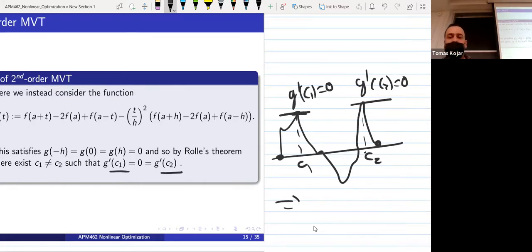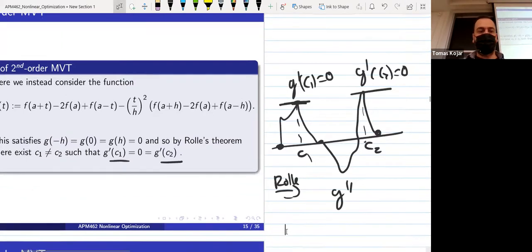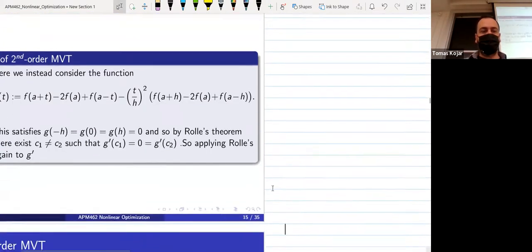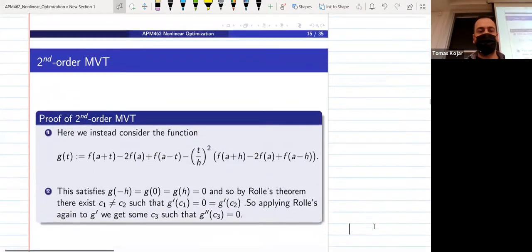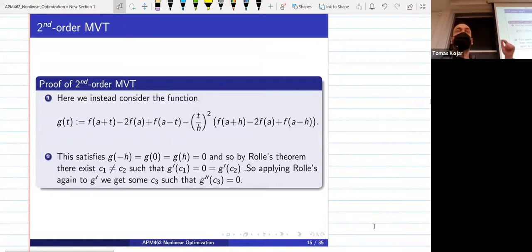What can you say by Rolle's theorem for g double prime? Yeah, you will have at least 1 zero, right? So by applying Rolle's theorem again to g prime, we have a c3, so that g double prime is 0.